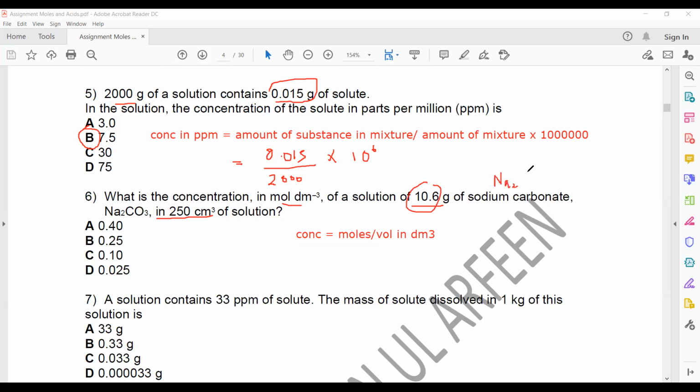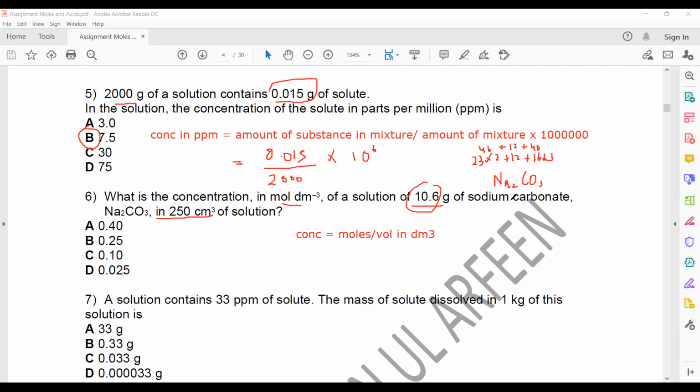It is Na2CO3. So sodium is 23 multiplied by 2, carbon is 12, plus oxygen is 16 times 3. So this is 46 plus 12 plus 48. So 48 plus 12 is 60, 60 plus 46 is 106. So the total mass is equal to 106.